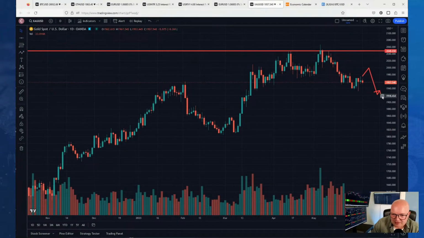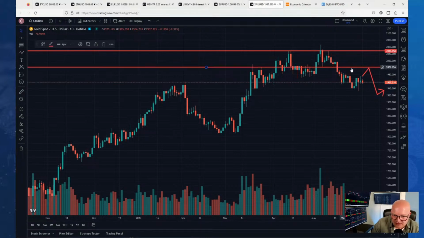Excuse my crude drawing skills. So like this. This for me would potentially be an interesting short setup at 2,000 US dollars, stop loss somewhere above 2,080. Of course, if you have like $80 of stop loss, you want at least 160 US dollars of downward move. Does that fit?